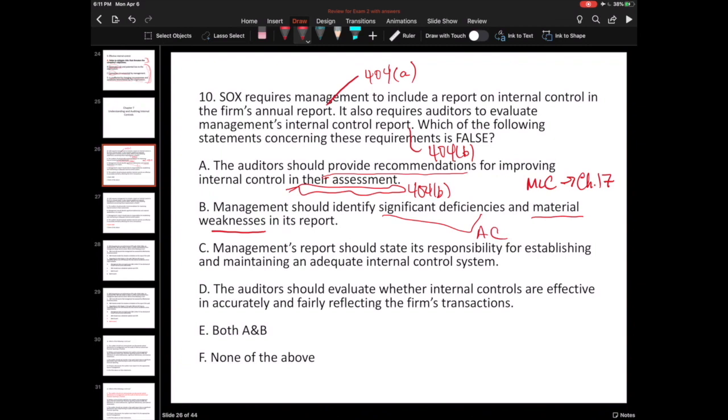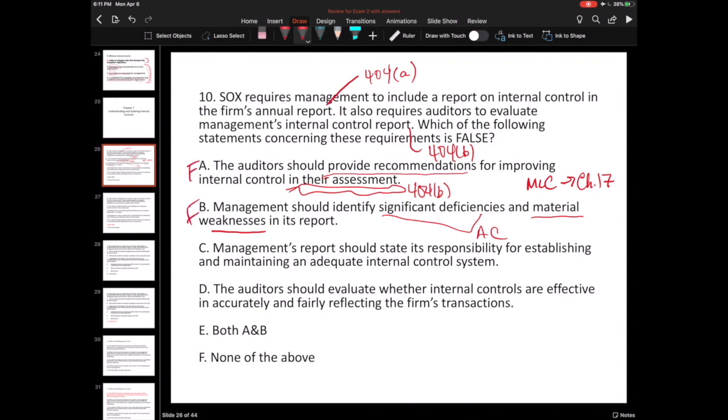They only have to be reported to the audit committee. They do not have to be reported to shareholders. So if significant deficiencies wasn't included in B, B would be okay, but since it is included, B is also false. So A is false, B is false.